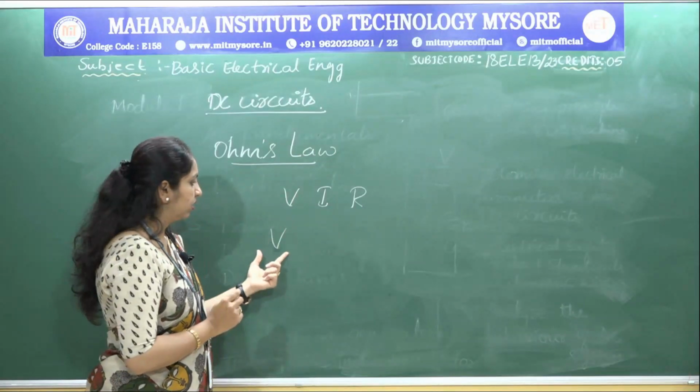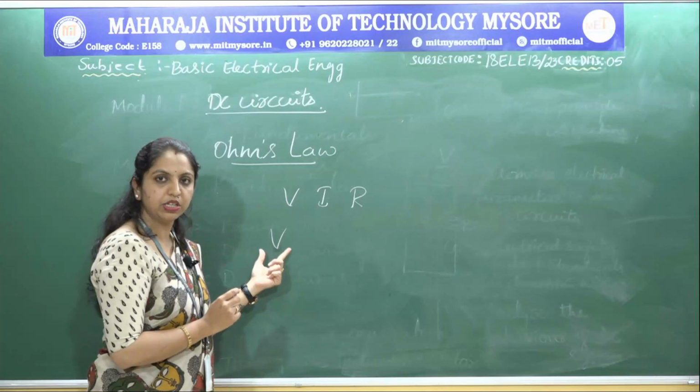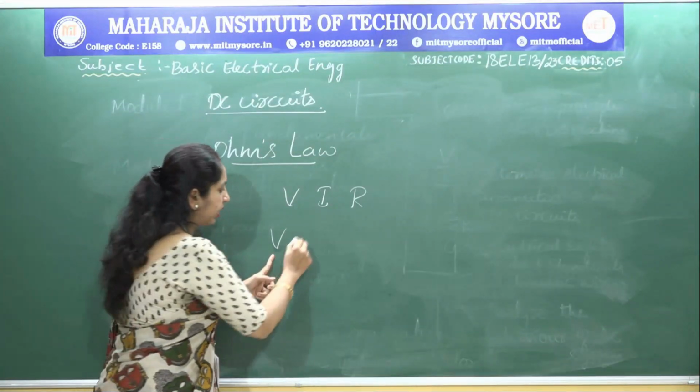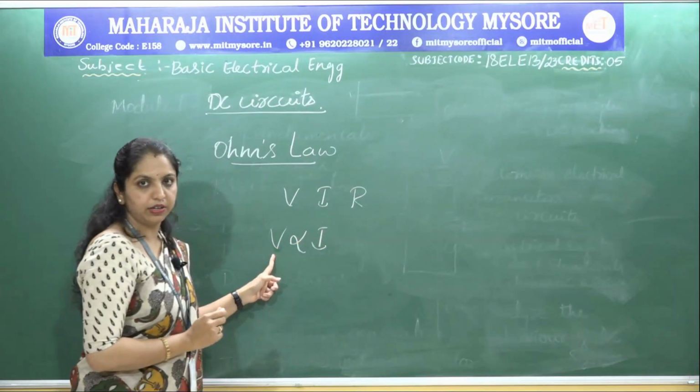The potential difference between 2 points of a conductor is directly proportional to the current passing through the conductor.